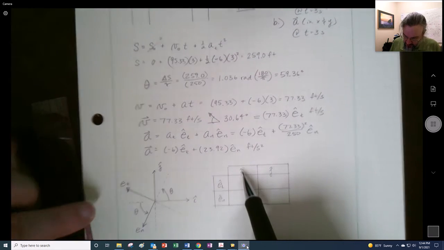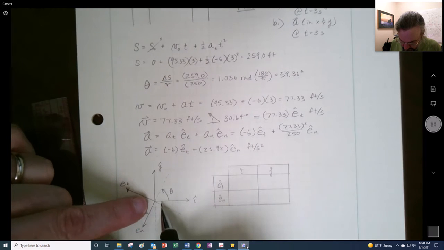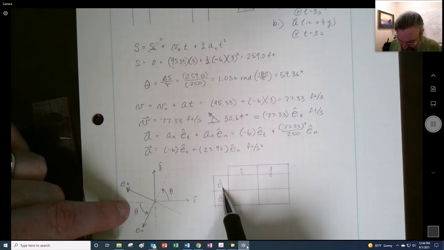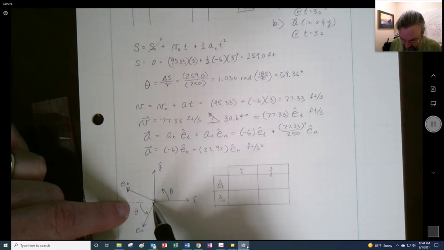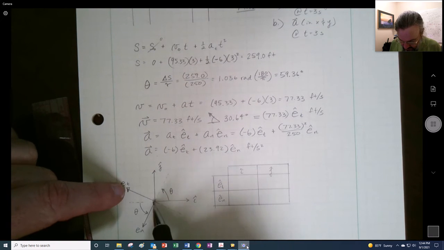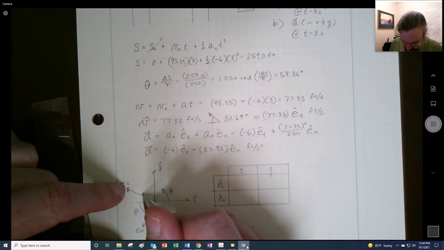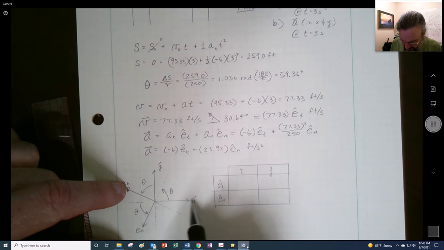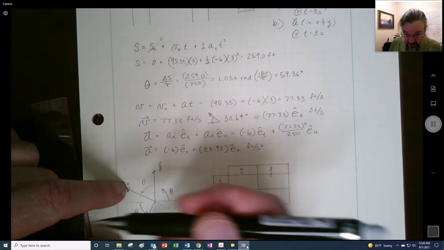We start with the I. We can start with the ET, either way we want to put it in. Let's do the ET, and we can also put in the angle. That might make it easier to see that the ET component in I will be negative because it's going in the opposite direction.